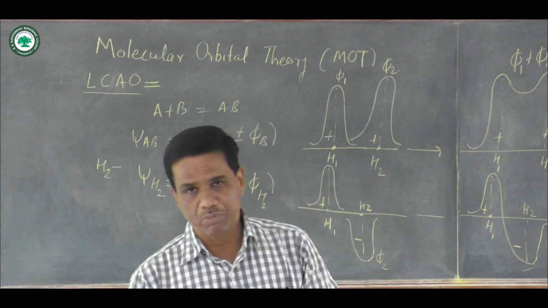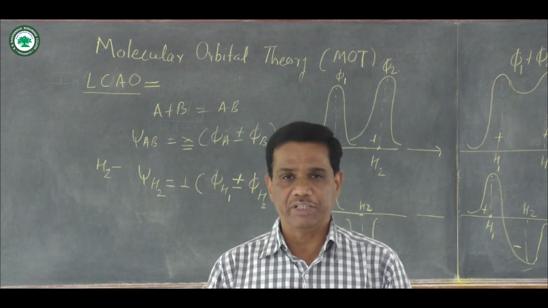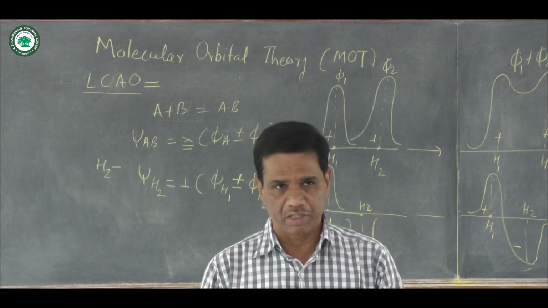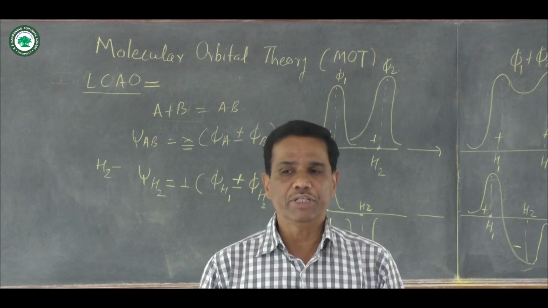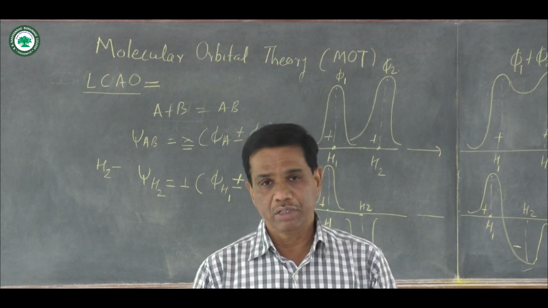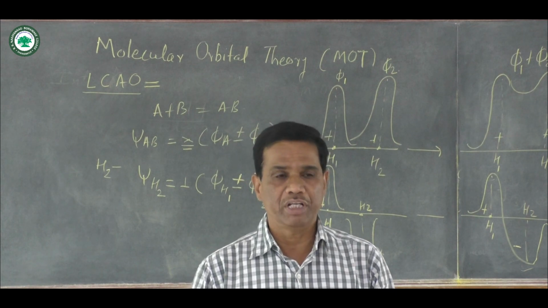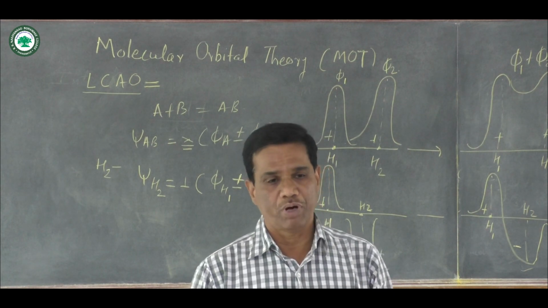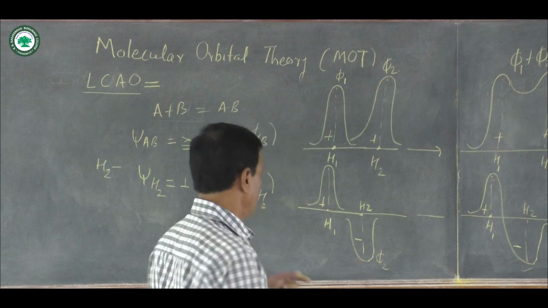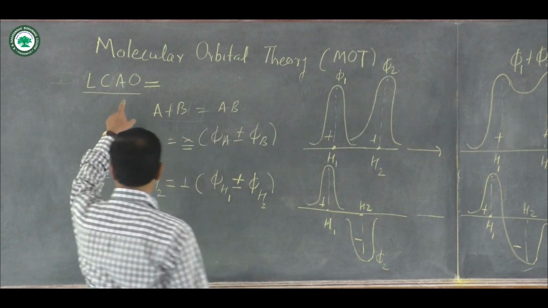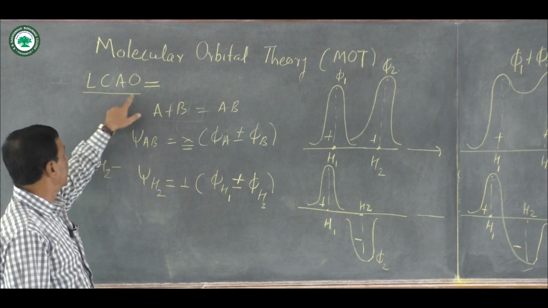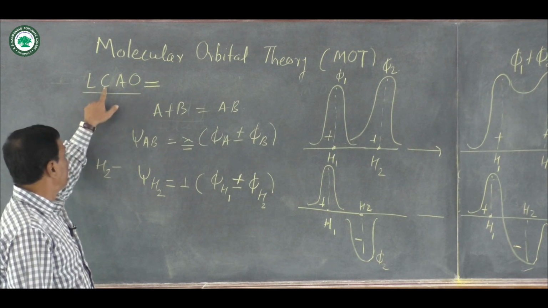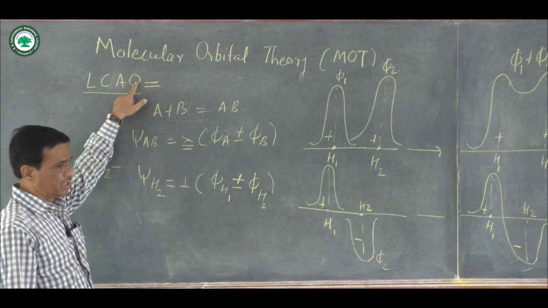One is the bonding molecular orbital and the second is the anti-bonding molecular orbital. Like that, in other molecules also there is formation of bonding, non-bonding, anti-bonding and other types of molecular orbitals, and these molecular orbitals are formed on the basis of wave mechanics, that is, the linear combination of atomic orbitals.